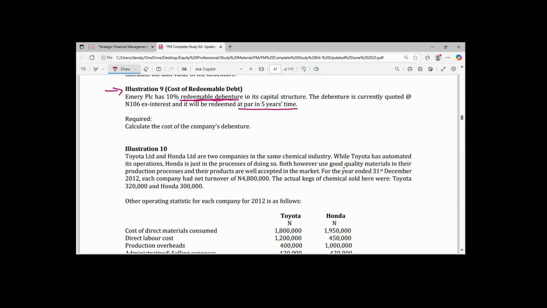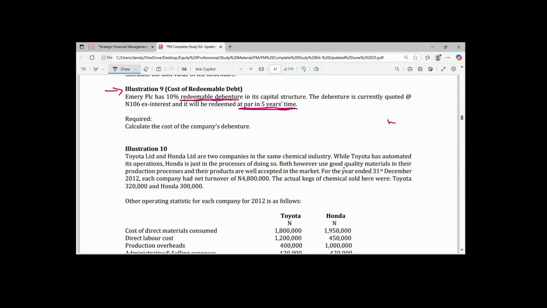So in this question, you are told that it will be redeemed at par in 5 years' time. So in the next 5 years, this debenture will mature. That means we can confirm that this is a redeemable debenture. So what else are you supposed to do? Just go ahead and calculate the internal rate of return.